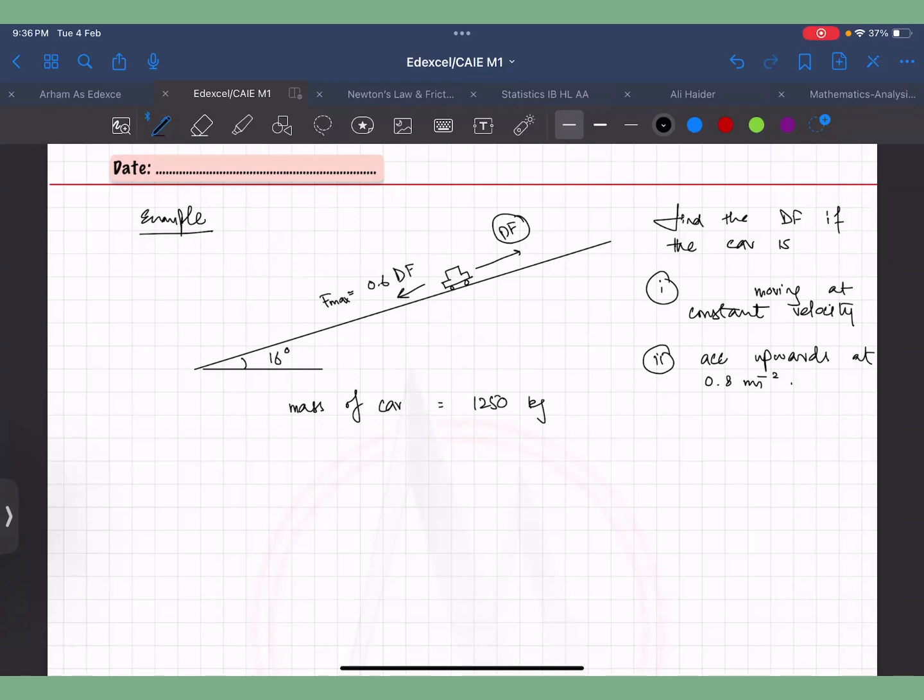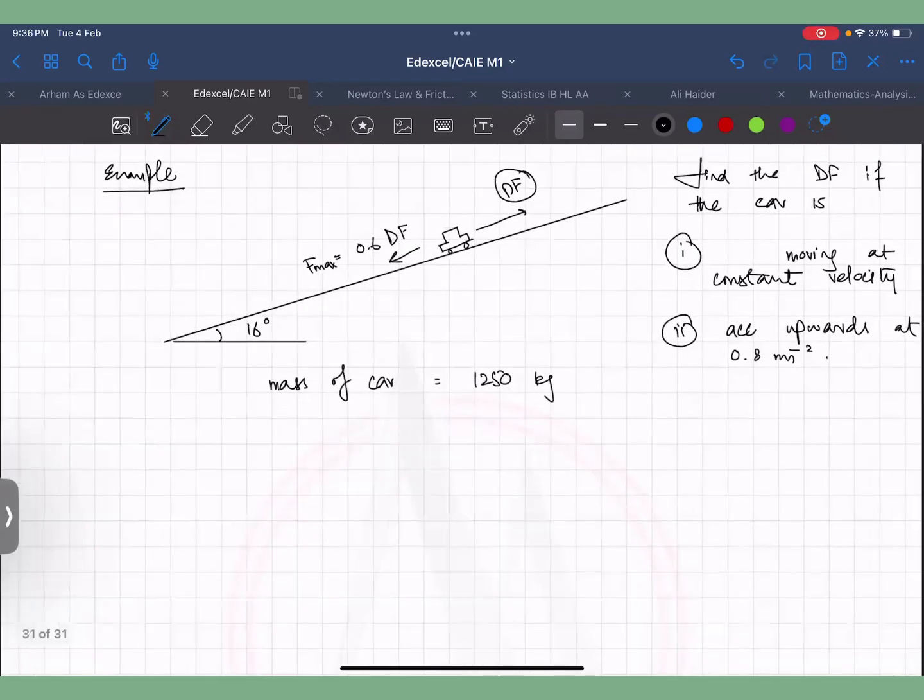Okay, so we have two cases. We'll solve definitely for both of them.